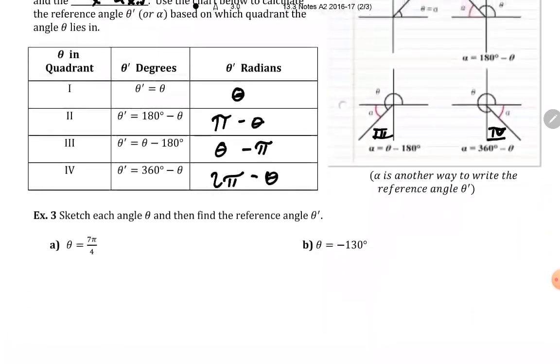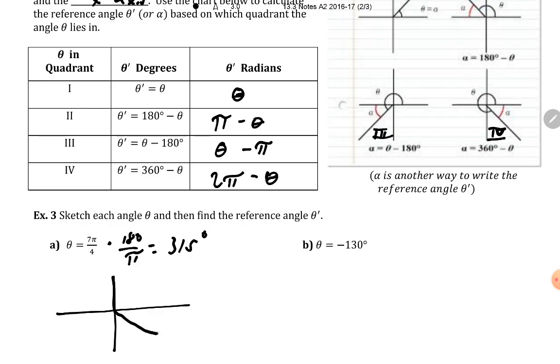Sketch each angle theta, then find the reference angle. 7 pi over 4. If you don't remember, we can change this into degrees by multiplying by 180 over pi. Pi cancels, and we're left with 7 times 180 divided by 4, which equals 315 degrees. 315 degrees looks like this.